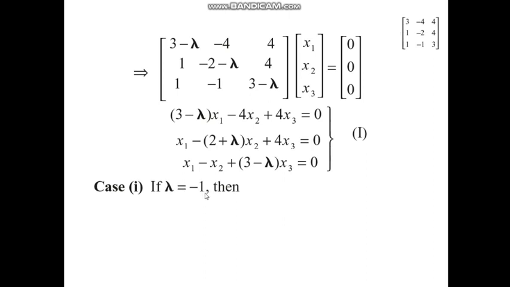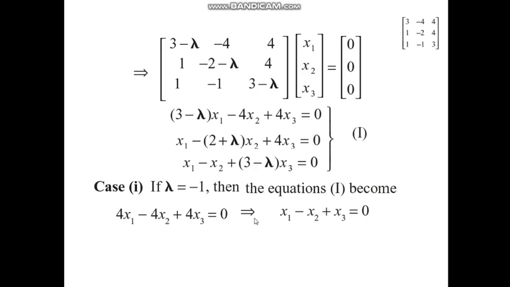Case 1: if λ = −1, then equation number 1 becomes 4x1 − 4x2 + 4x3 = 0. After simplification, the resultant equation will be x1 − x2 + x3 = 0. Second equation will be x1 − x2 + 4x3 = 0.